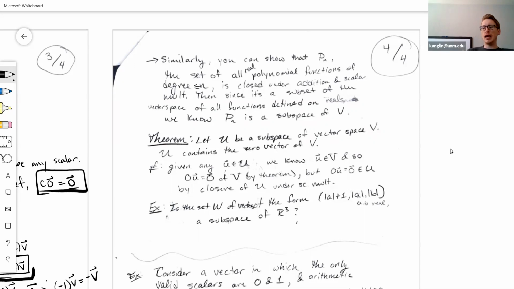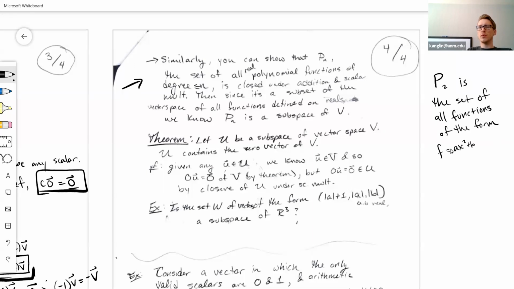To be clear, Pn, defined the way I've described it up here, really means, for example, P2 is the set of all functions of the form ax squared plus bx plus c equals your function.